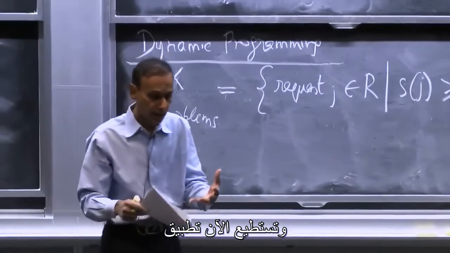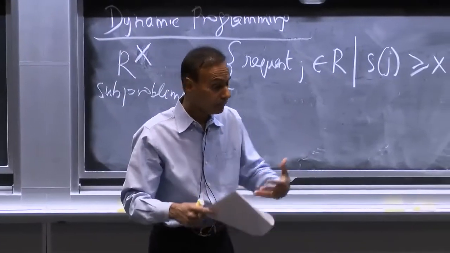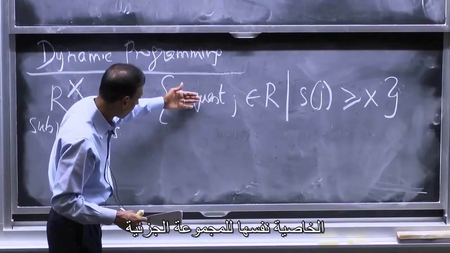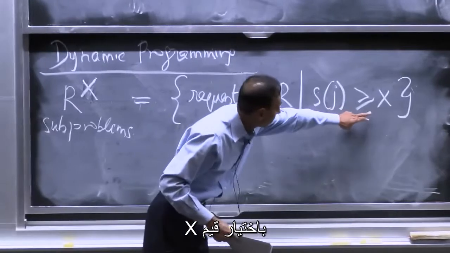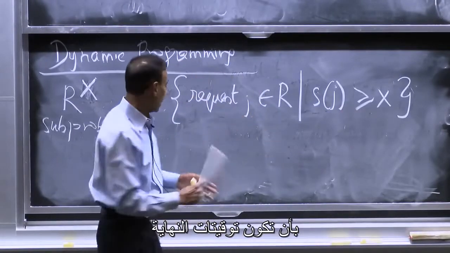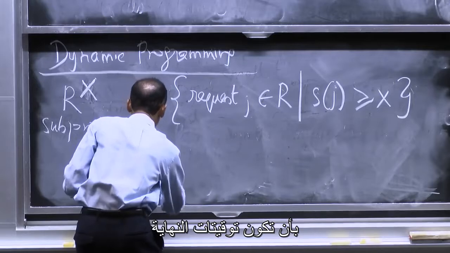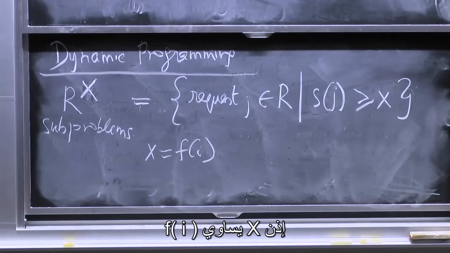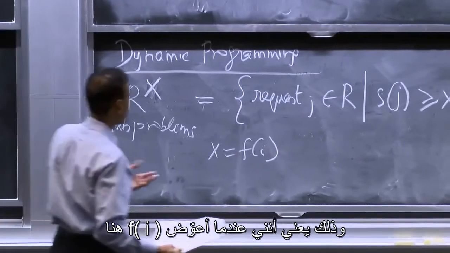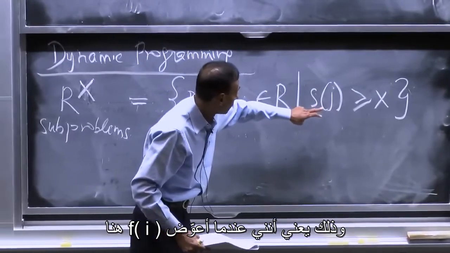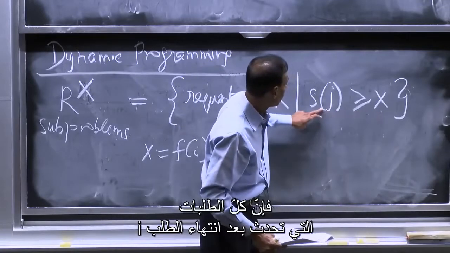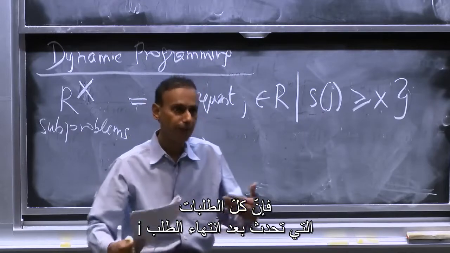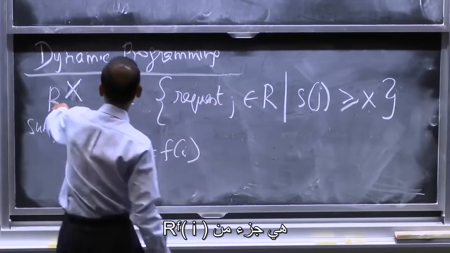And then you might ask, what is x? And now you can apply the same subsetting property by choosing the x's to be the finishing times of all of the other requests, right? So x equals f of i. So what this means is when I put f of i over here, it means all of the requests that come after the ith request finished are part of R of f_i.